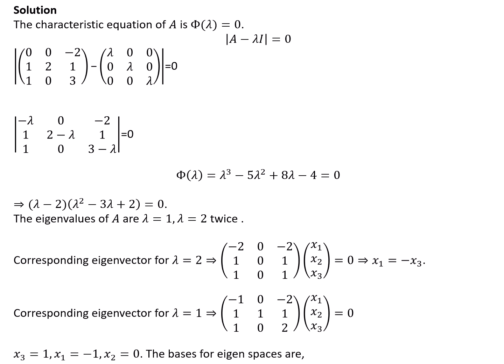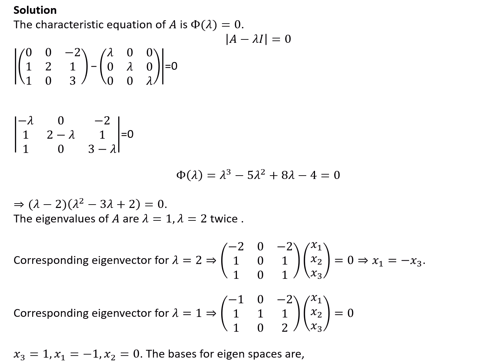Solution. The characteristic equation of that matrix A. Now you are given the matrix A, which is 0, 0, minus 2, 1, 2, 1, then 1, 0, 3. That is your matrix A. So you find the characteristic equation of that matrix, which is the determinant of A minus lambda I. You know your A, which is the matrix given to you.